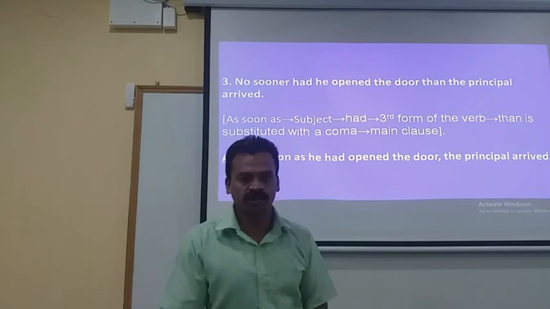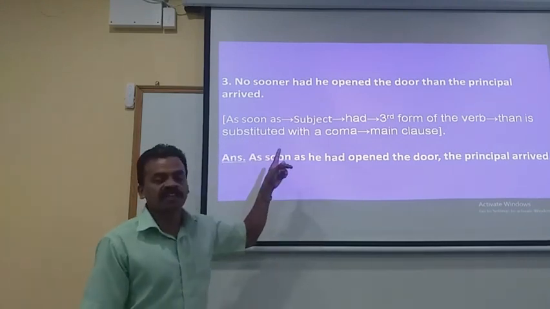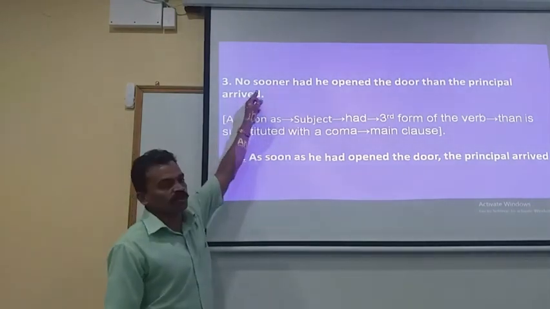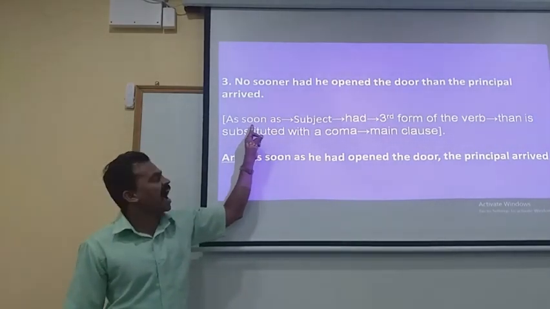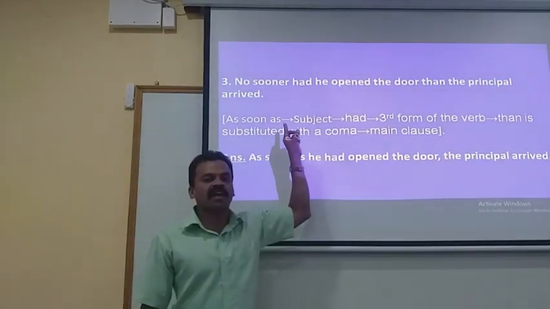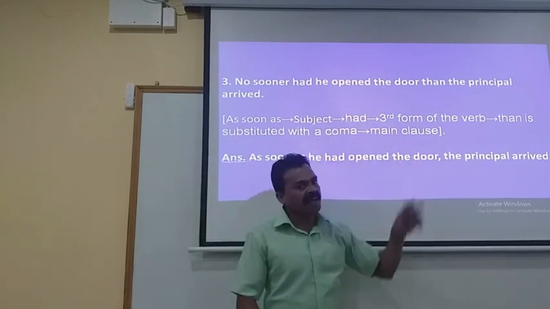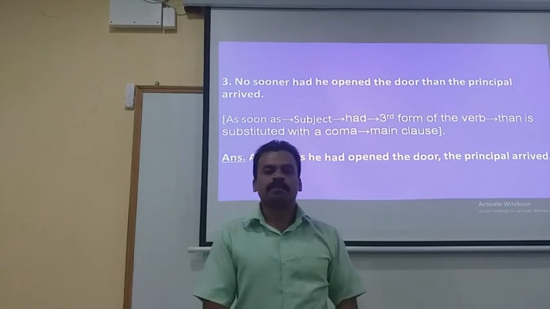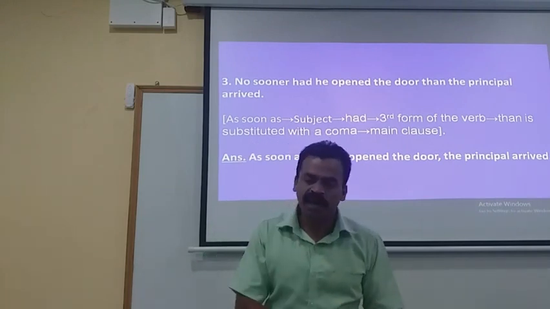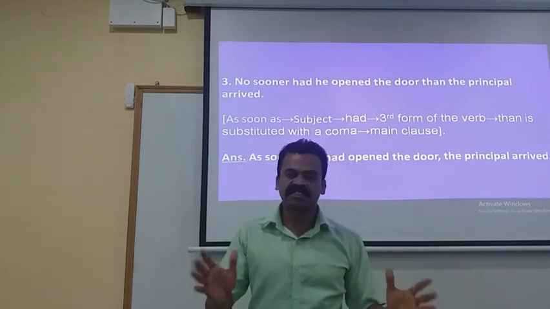Once again, let us go through the rule. The transformation is in this way: no sooner will be substituted with as soon as, and immediately after as soon as we make use of the subject, then the past participle form of the verb. Than will be removed, and in the place of than we make use of a comma, and the main clause is placed exactly as it is.